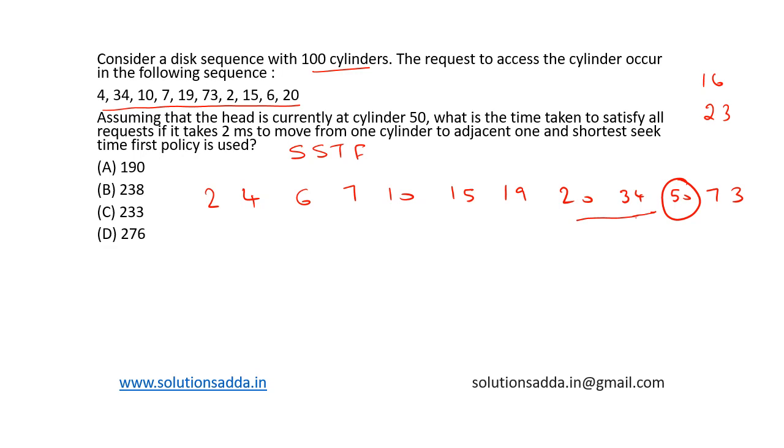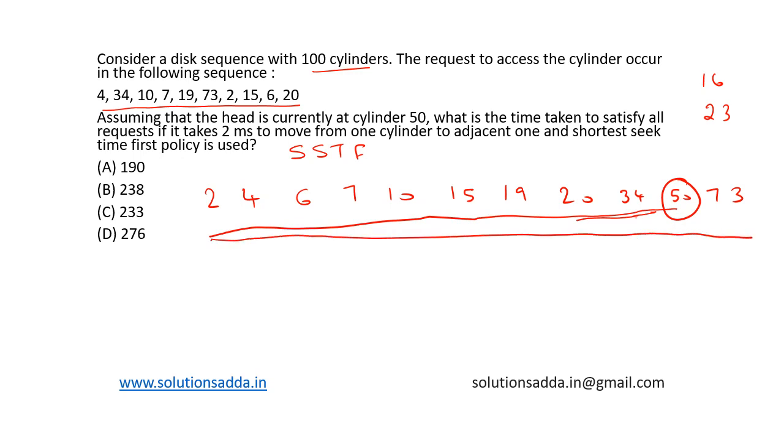So what happens here is that from 50 it directly traverses till 2 to satisfy all the requests. Then from 2 it moves to 73. This is how it goes. This is the first direction, this is the second direction. So how many seeks happen? To complete the first we have 50 minus 2, that is 48 moves, and to complete the second it requires 73 minus 2, that is equal to 71 moves.